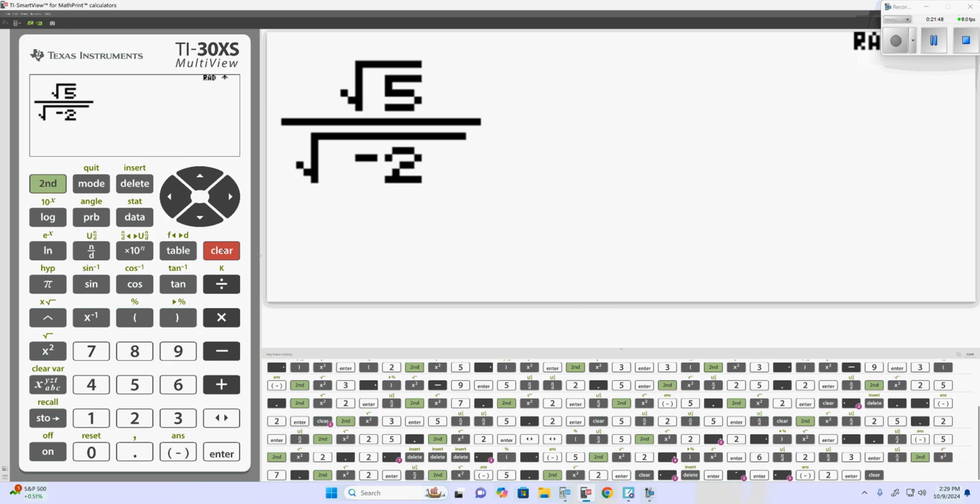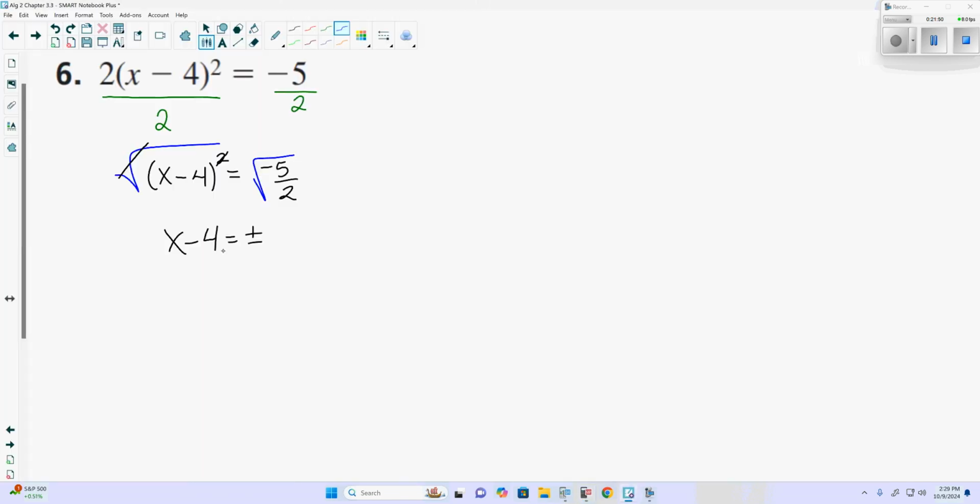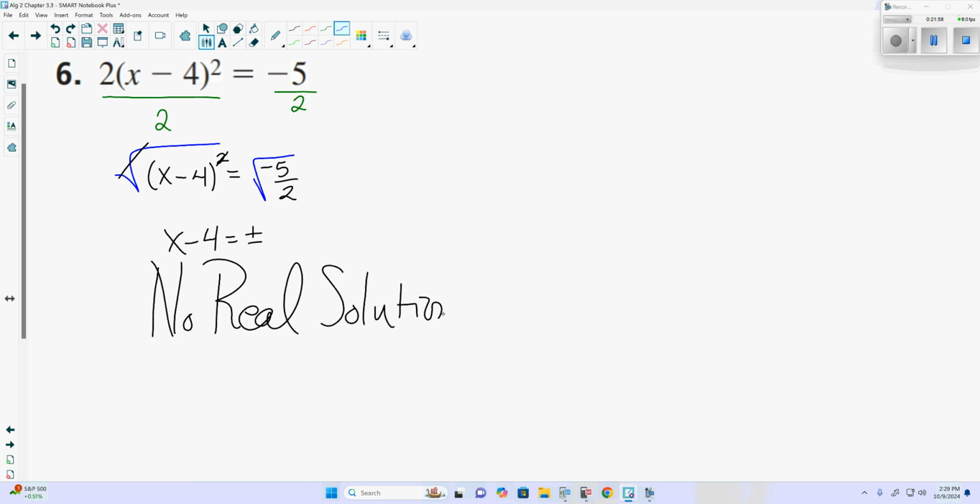It doesn't work. Well, it's not that it's no solution, it's no real solution. There is a solution for it, it's just not a real number. And we're going to start finding those solutions after fall break.